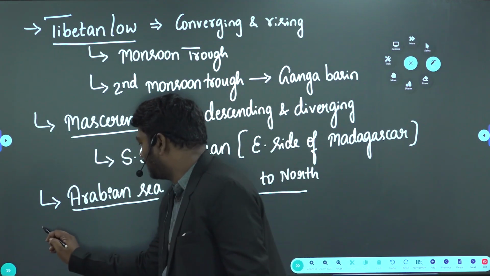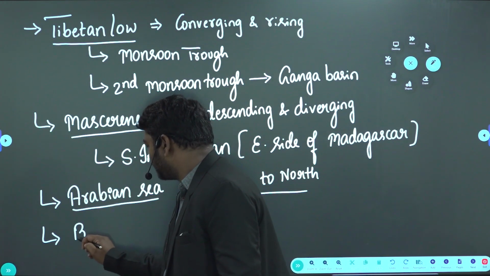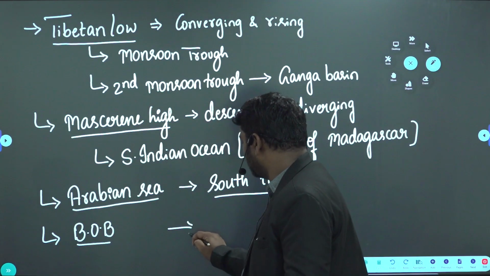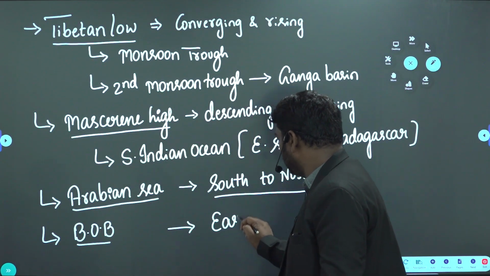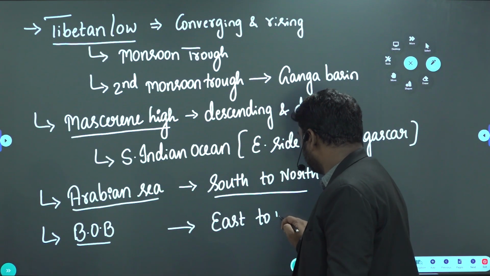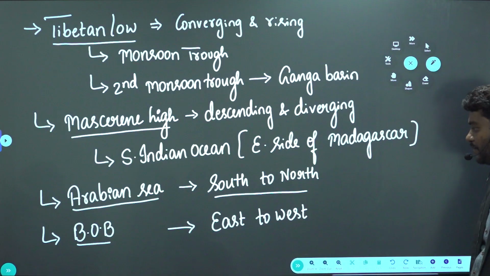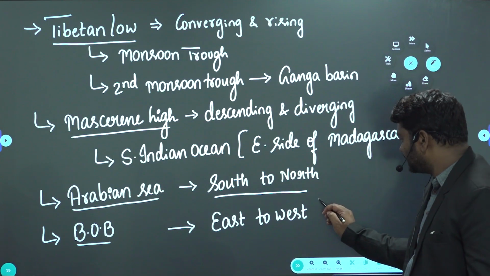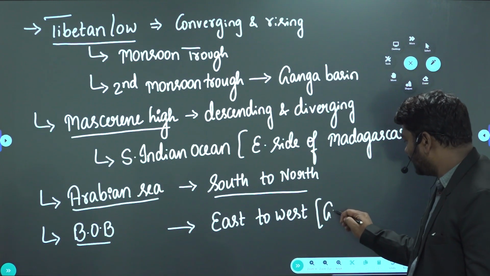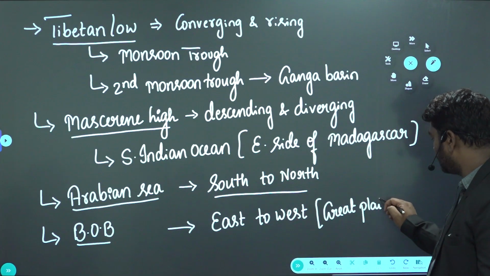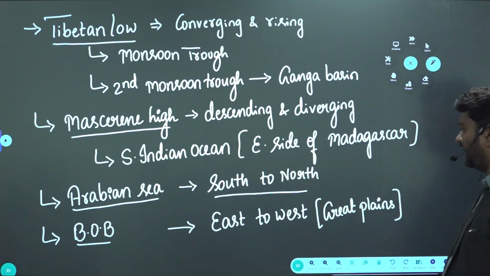Bay of Bengal branch is mostly from east to west. And guys, please understand, this covers the Great Plains region.